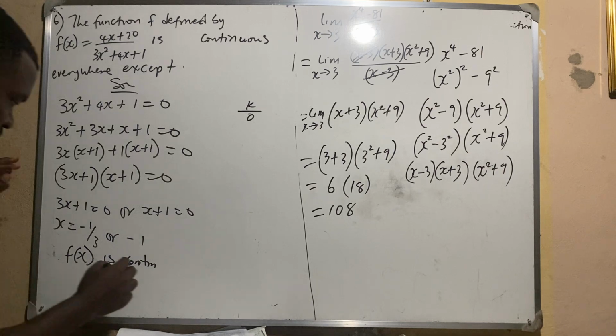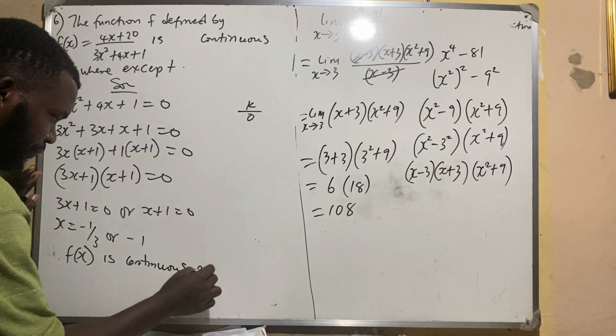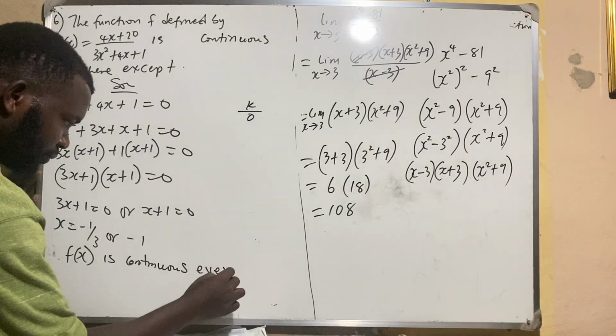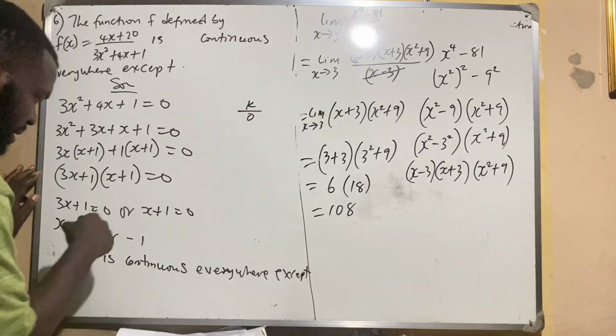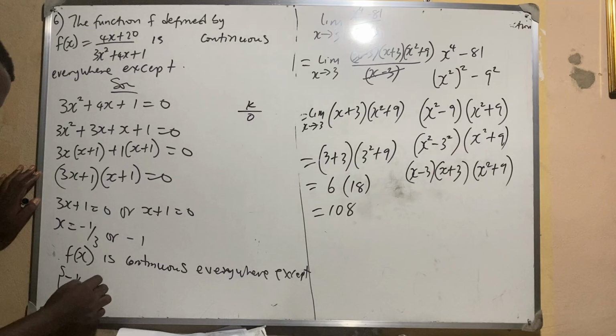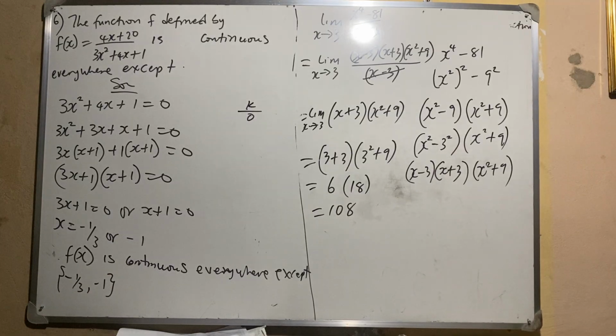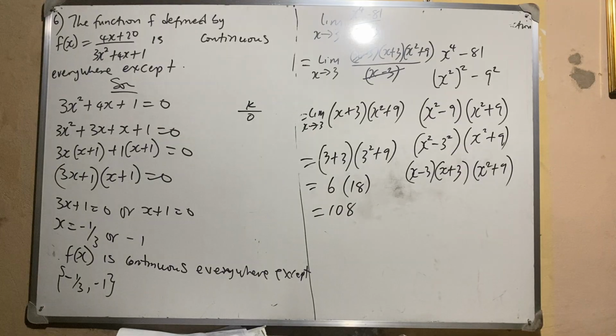So you say that f of x is continuous, using the same statement they use, continuous everywhere except these 2 points. Put it in a set: except minus 1 over 3 and minus 1, like this. These are the only 2 places where it is not continuous. So the answer there is option C.